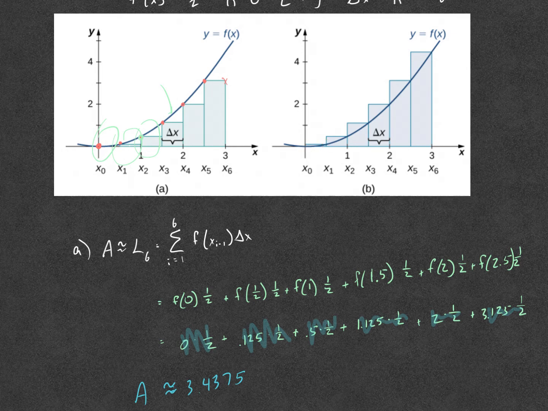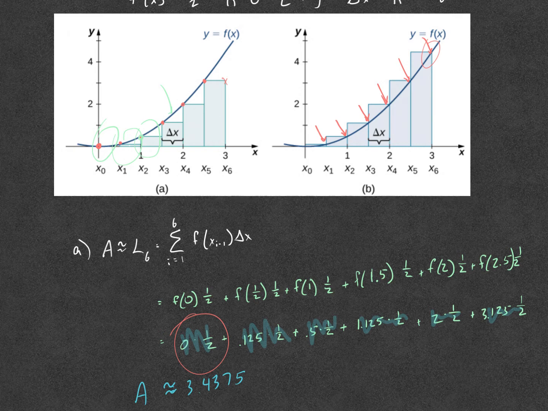So 1, let me actually write these down. This is 1, 2, 3, 4, 5, 6. So we don't have a rectangle at 0, so we lose this first term here. And we do have a rectangle at 3, so we gain an additional term at the end of the expression.